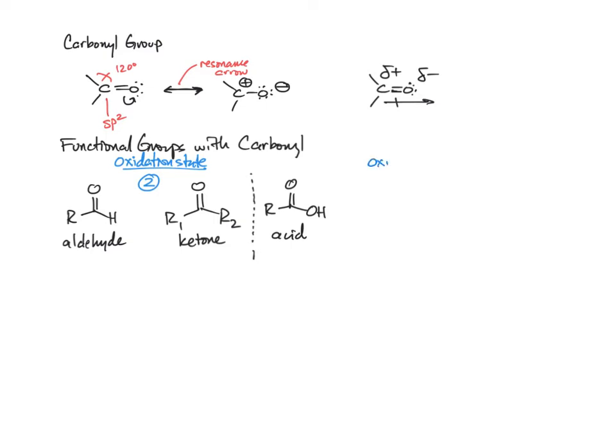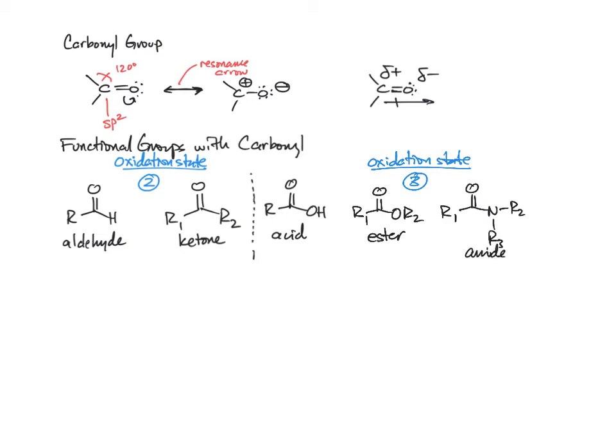So these are oxidation state three functional groups. This is an ester. This is an amide. And this is an acid chloride.